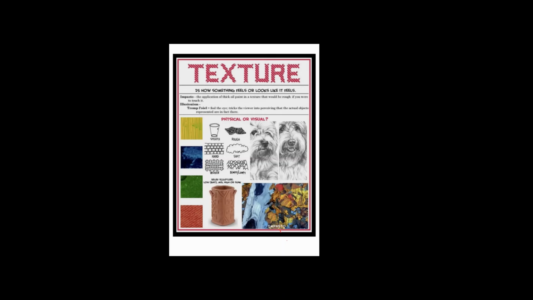Tactile means an illusion which our vision creates, or that an object creates in us, and that is called texture. Texture is created with the help of various mediums, like oil paint, acrylic, poster color. Even in pencil, as we can see, the dog is rendered. It's the illusion of hair on the dog's body.